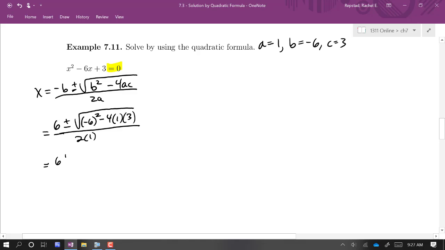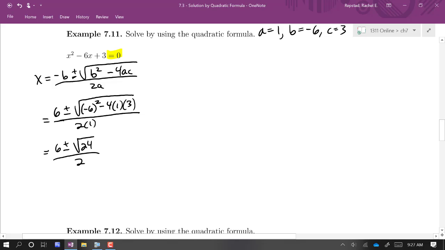And then we simplify. So simplify, kind of focus on the radical here. So we get 36 minus 12. Well, that's 24 all over 2. And then we want to simplify. We really do want to simplify these.